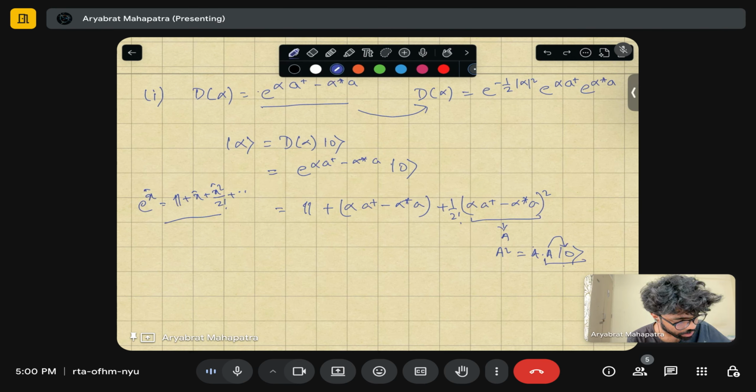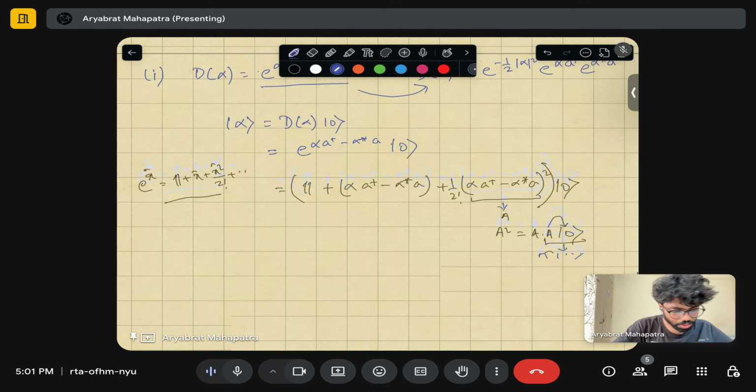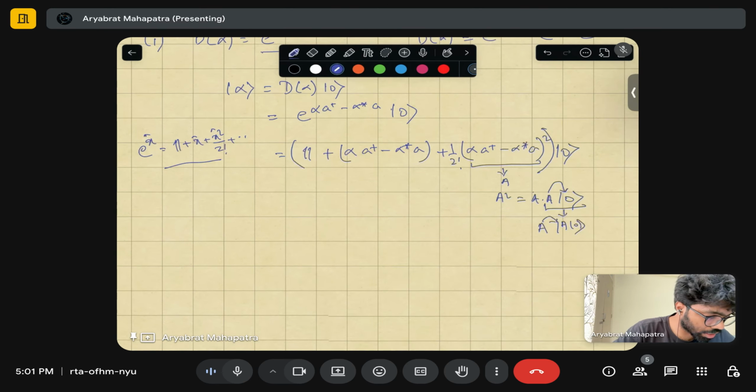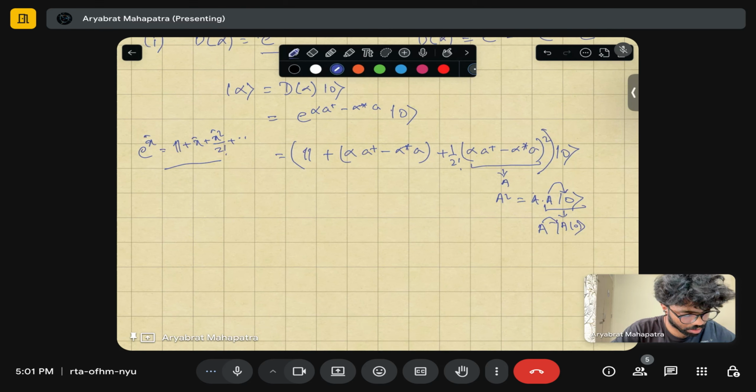If you got something, let's say A of 0, then you will act A on it again. So you see, it's always a difficult thing if there are more such terms.